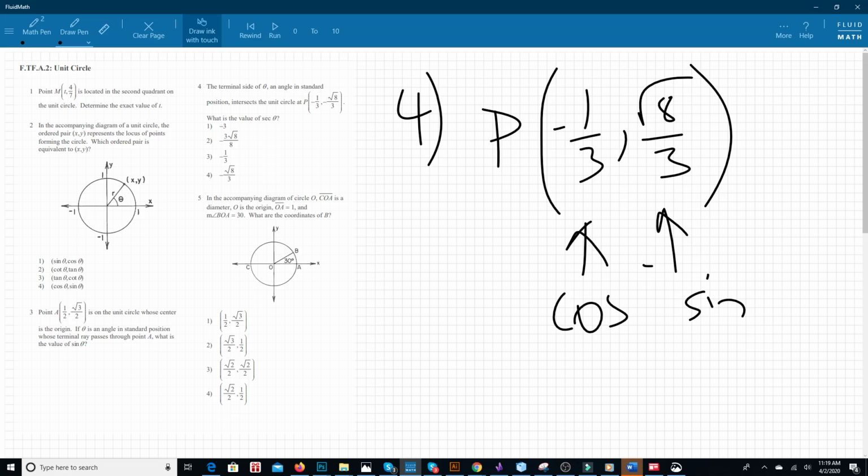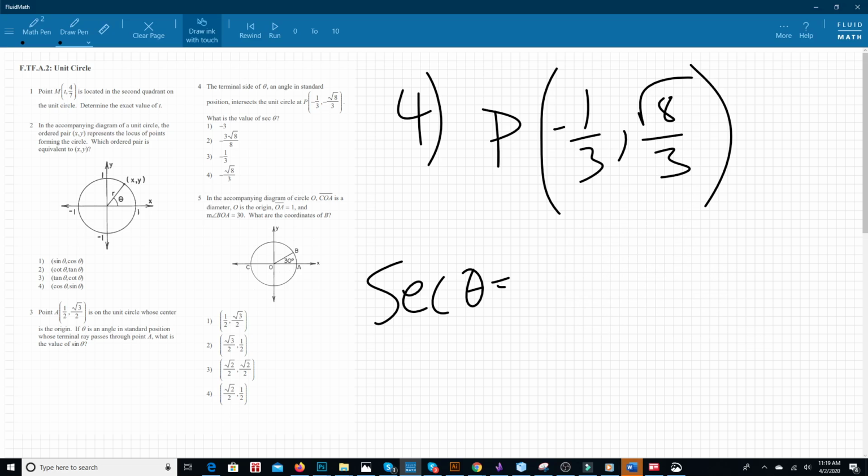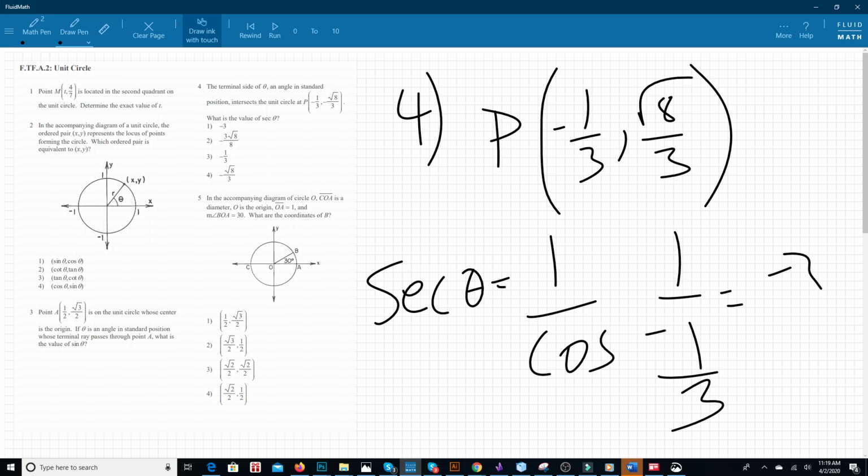Okay, so when we're looking at this, we want to know the secant. Remember what secant is? Secant theta is equal to 1 over cosine, right? So essentially it's going to be 1 over -1/3, which is going to equal -3.